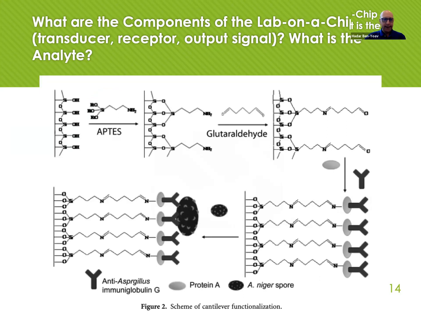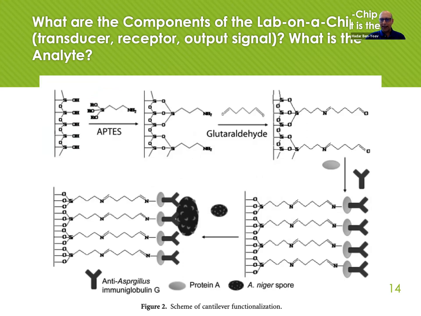And how does it look? If this is the surface of our cantilever, it was functionalized with some chemical reactions. It doesn't really matter what kind of material, but such as APTES. First, you introduce the substrate, because it's made of silicon, into APTES. So silicon oxide binds to the silicon side of the APTES, and we get an amine group at the end.